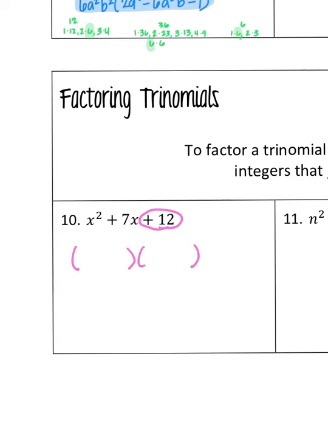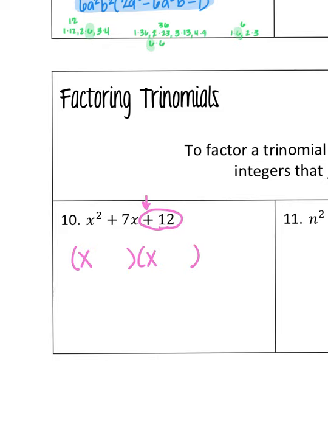So x squared, we can factor x squared into two x's. So we have an x here and an x here. X times x is x squared. So we've separated those. Now, I can see right here that the last term is being added, which means that my signs are going to be the same.